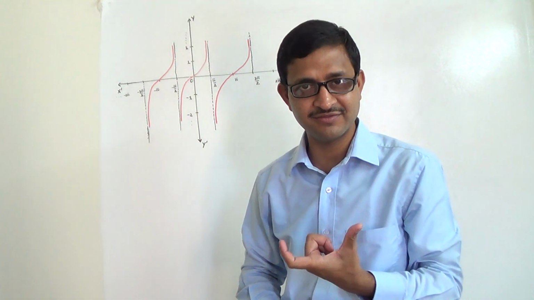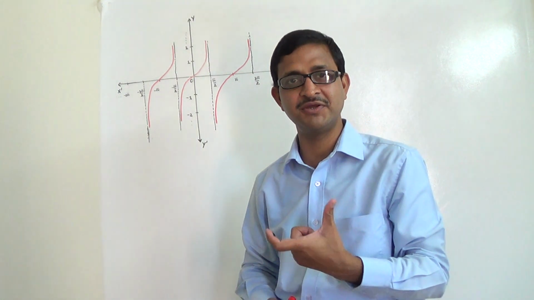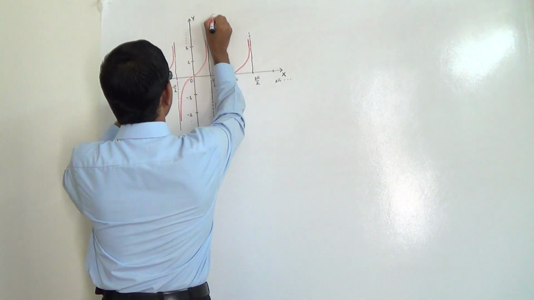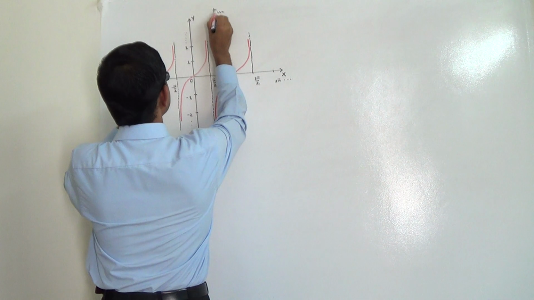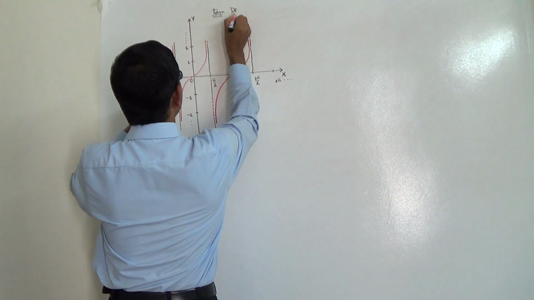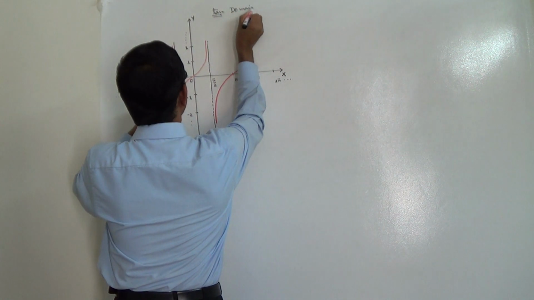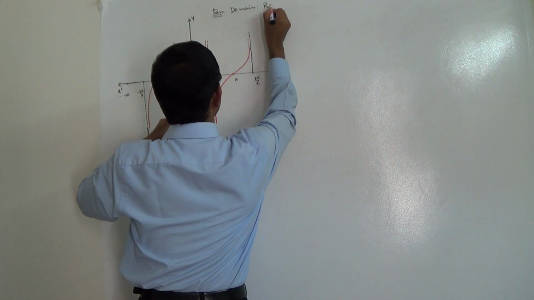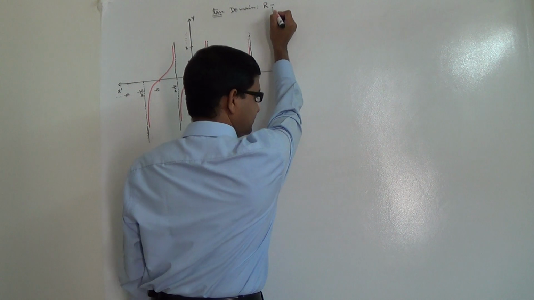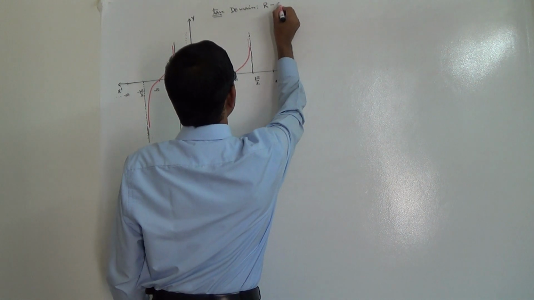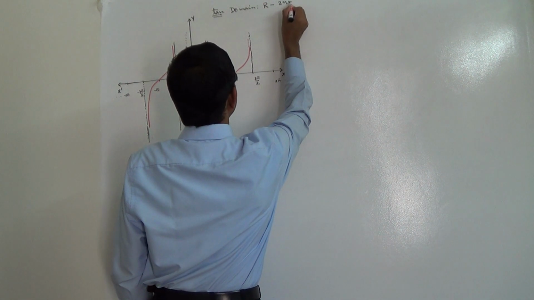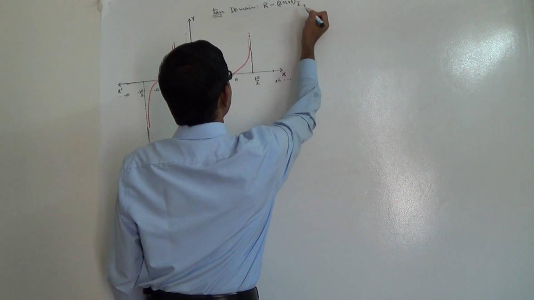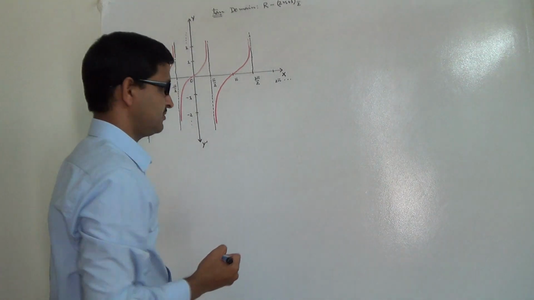Whatever I said in English right now, how can you represent in set notation? Here it is. So for tan, what is the domain? Domain is any real number except, that means the difference, R minus (2n plus 1) into pi by 2, where n is any integer.